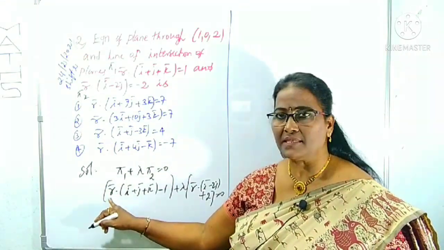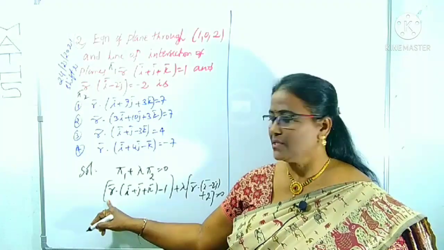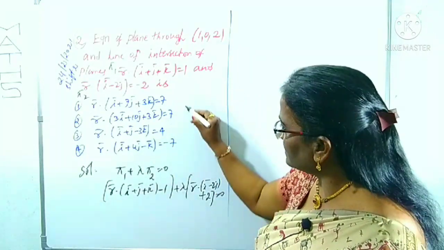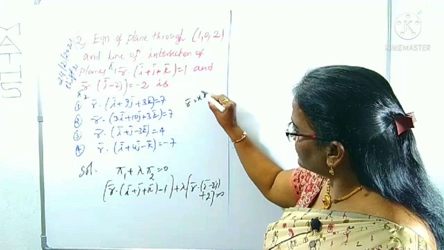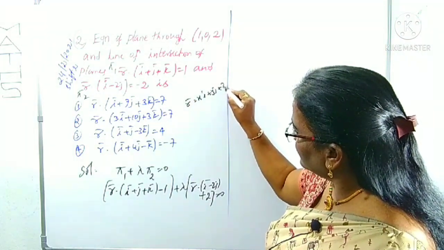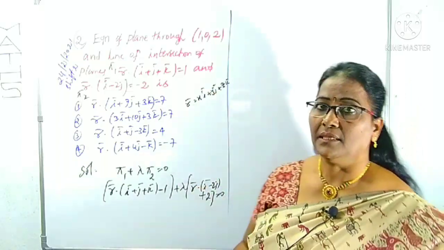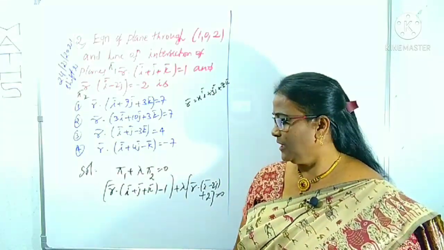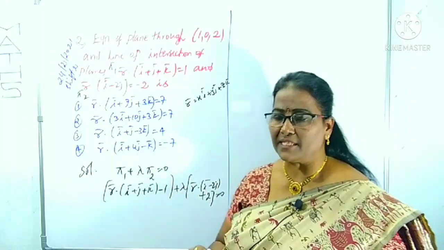Here this R bar is simply a general vector, so we can take R as xi plus yj plus zk. This is a general vector in the plane. In place of R we take xi plus yj plus zk.